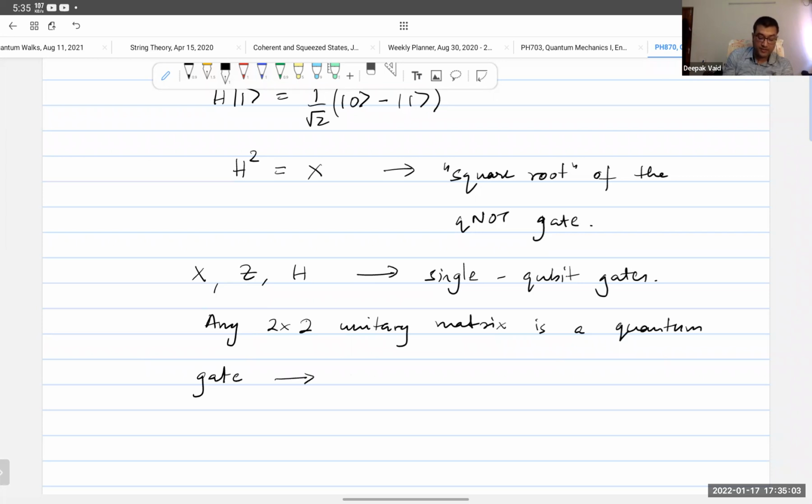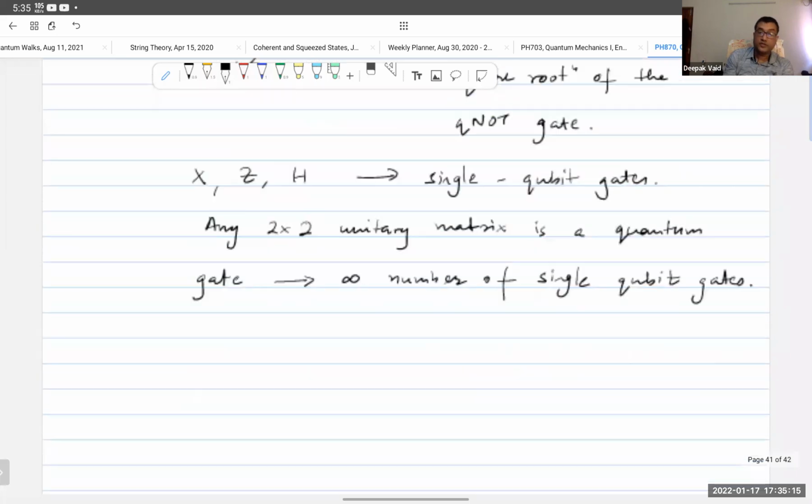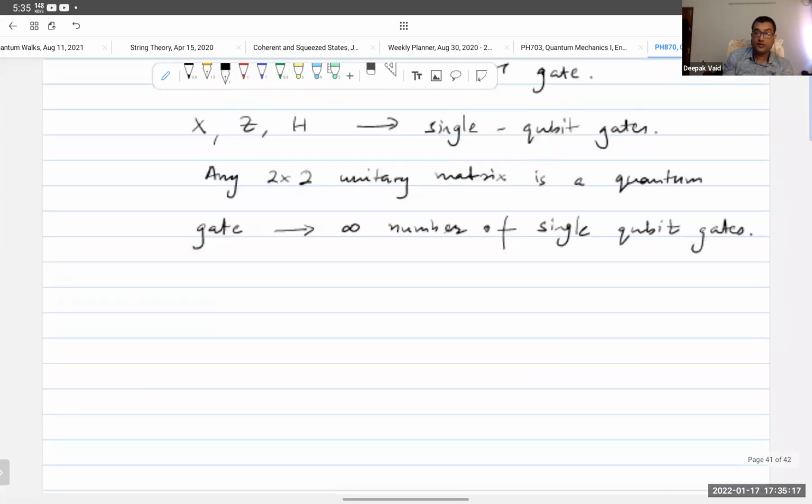And so this means that there is an infinite number of these single qubit gates. There is a certain way to decompose a single qubit gate, and I'll write that down, but we'll come to the proof of it later in the course.